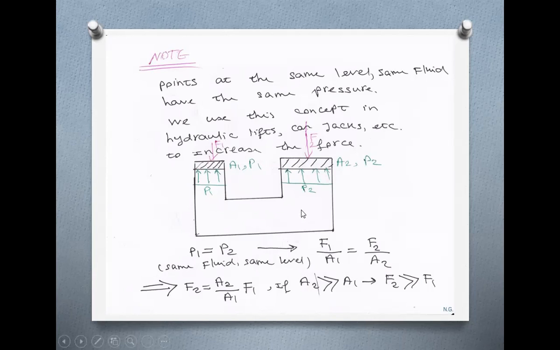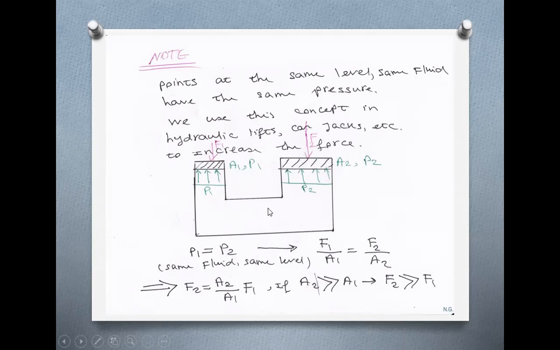So if you make this machine such that A2 is way larger than A1, with a small force like F1 that you exert, you can create a very large force. That's what is being used in car jacks, in hydraulic lifts, and these types of machines.